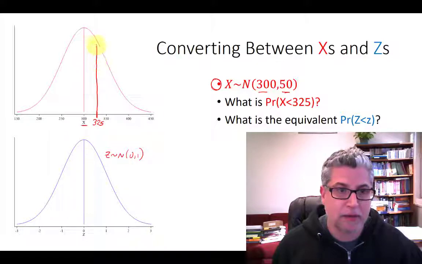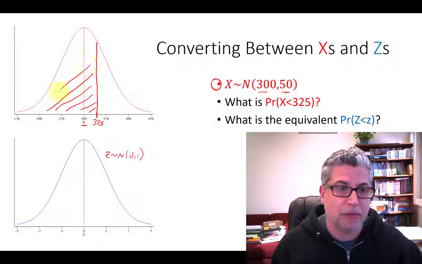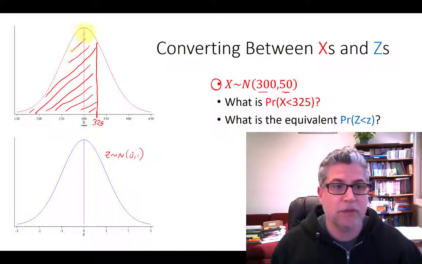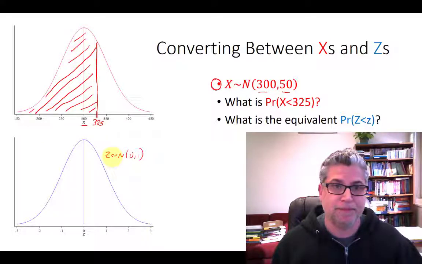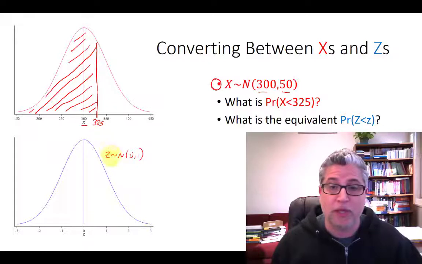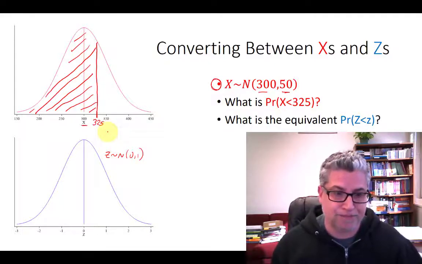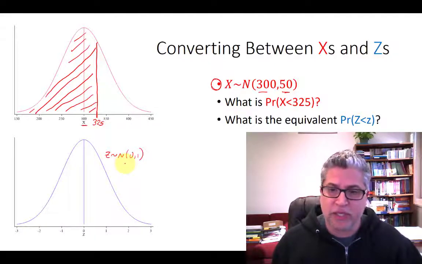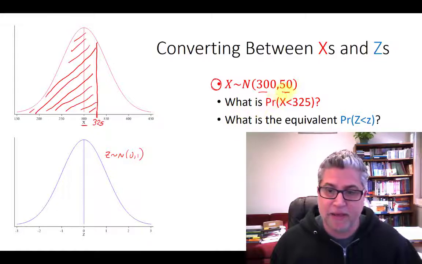And what we want to know then is, what is this entire area here? So we want to know that probability. Now we can do this in Excel, but let's see how we can convert to a standard normal and then use Excel. So the thing to notice is that 50 is the standard deviation.